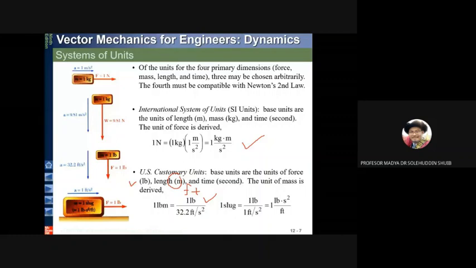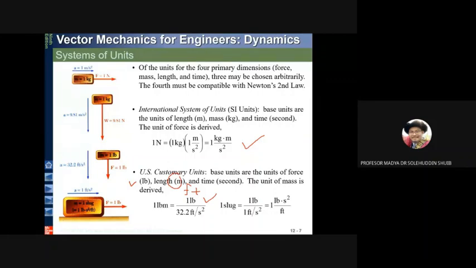Now we look at this figure. I want to explain this figure to show how we can use these units and relate them with the value of acceleration. Look at the first one. We relate with the SI unit. For SI unit, I mentioned just now we have 1 Newton, 1 kilogram, and 1 meter per second squared.